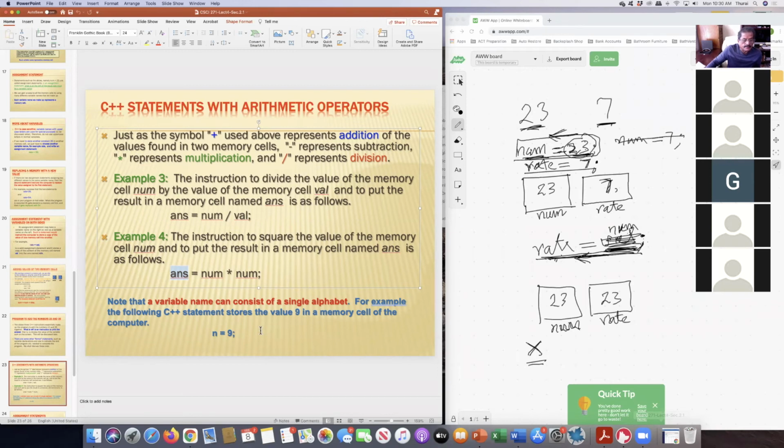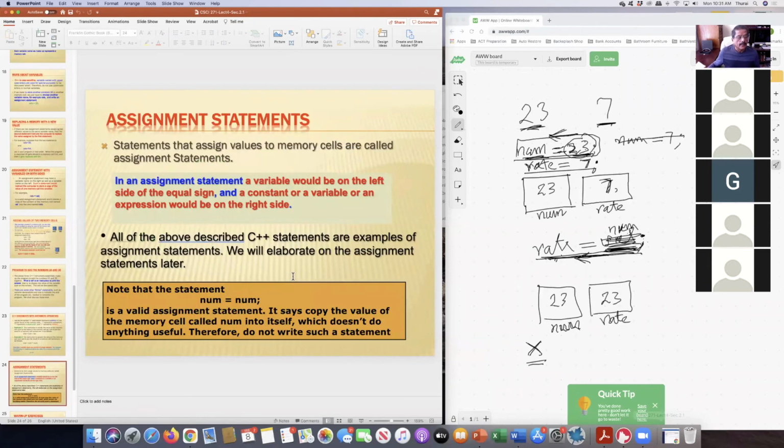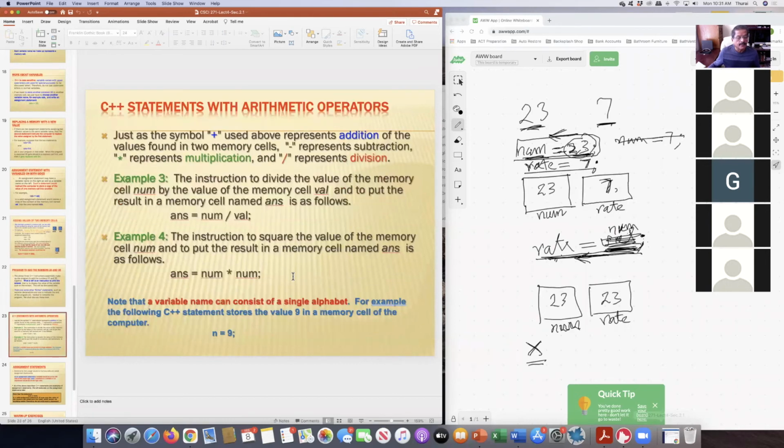Okay, the variable name. I have been using 3-letter variable names, but a variable name can be a single letter, like n equal to 9, semicolon. That says store 9 in a memory cell and call it n. It's valid. Okay, so these are the assignment statements.